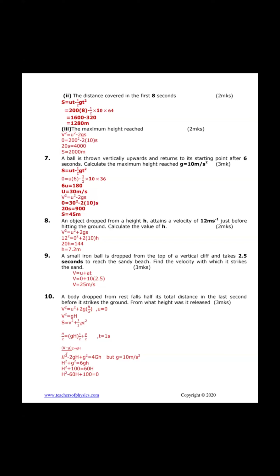As always, begin by making some brief notes. We already have the time t is equal to 6 seconds. We have g is equal to 10 meters per second squared. We have u.